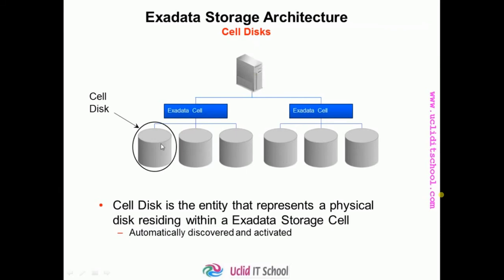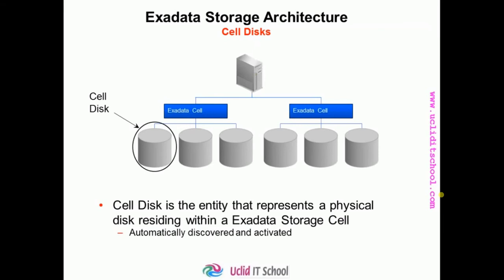Now each disk, each hard disk or each flash disk, is treated as a cell disk, right? So ultimately, the hard disk or flash disk is treated as a cell disk inside the Exadata storage server. Cell disk is the entity that represents a physical disk residing within the Exadata storage cell.